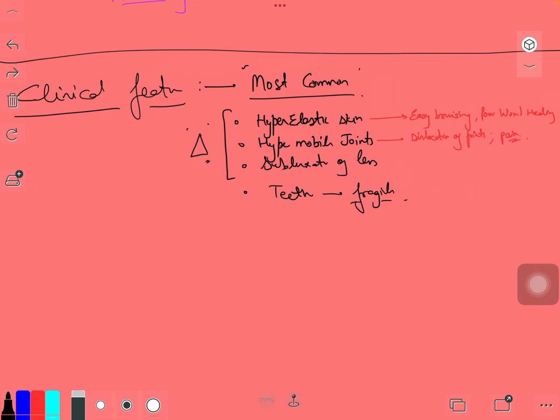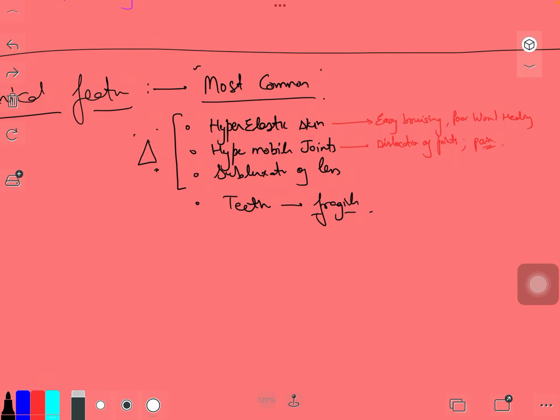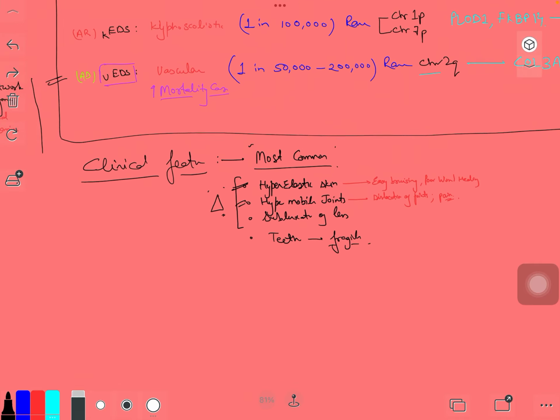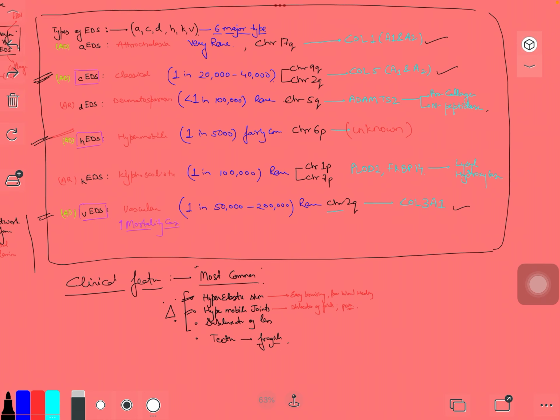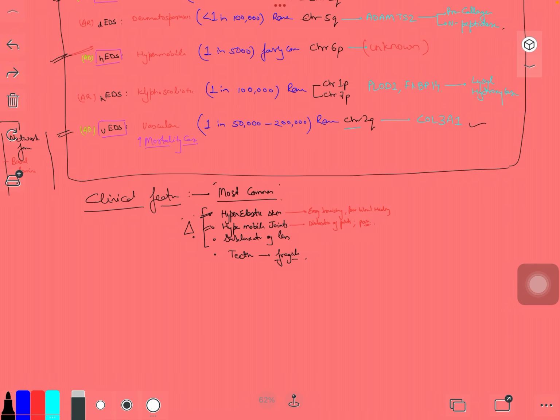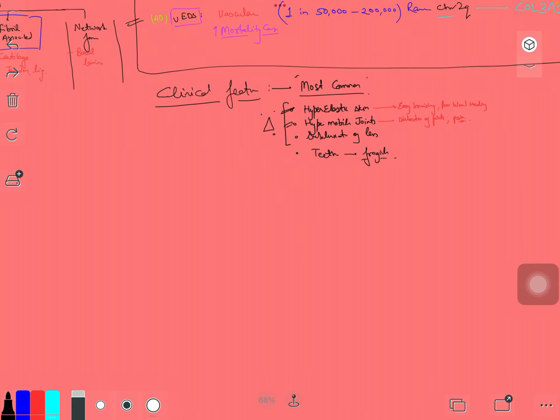There is no name for it. Just remember hyperelastic skin, hypermobile joint, and subluxation of the lens. Once you find all these three things, or at least these two are even important, if even these 2 or 3 things are present, you can suspect that the patient may have EDS. However, which type? We don't know, right?